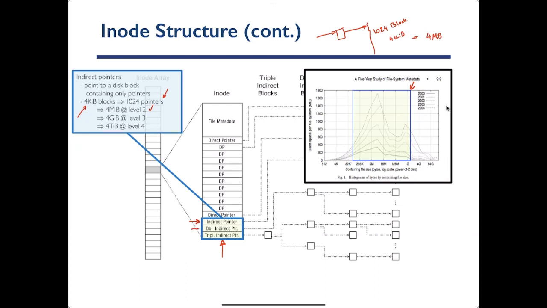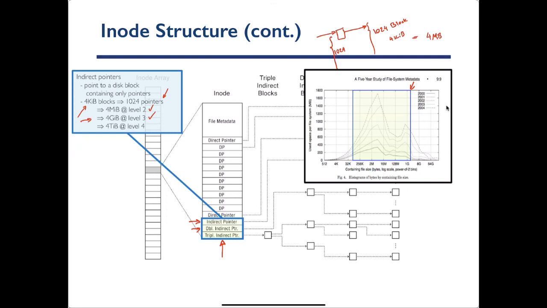Now, the second one, the doubly indirect one, is an order of magnitude larger because it has 1,024 of the indirect pointers, and each indirect pointer can cover 4 megabytes. So 4 megabytes times 1,024, that's 4 gigabytes.